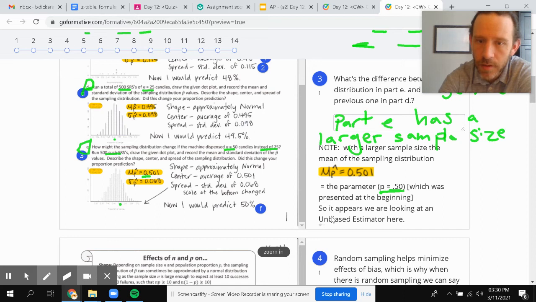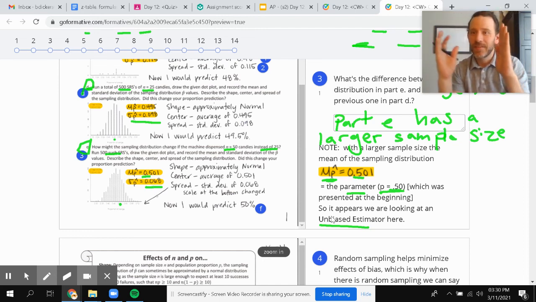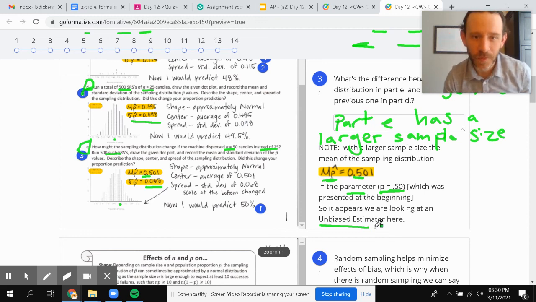Because the mean of our sample proportions is the same as our parameter, the population outcome. So increasing that sample size gave us a better estimator. And it became less variable as well. Notice that the standard deviations are different as well. In part D, it's 0.098. In part E, it's 0.068. So a larger sample size, less variability. And there you have it.